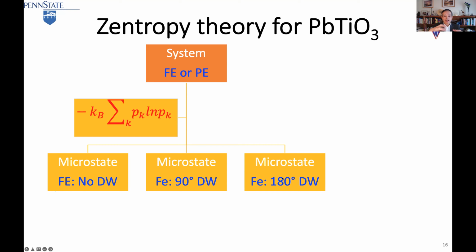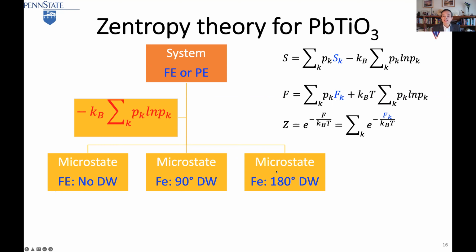So what it means is that when this tetragonal polarization feature turns from one direction to the xy direction, it becomes a 90-degree wall, or if you switch direction, it becomes a 180-degree wall. So we need to get the energies of those different microstates, and then we can calculate the entropy, the energy, and the partition function, and get the probability of each different configuration, different microstate.